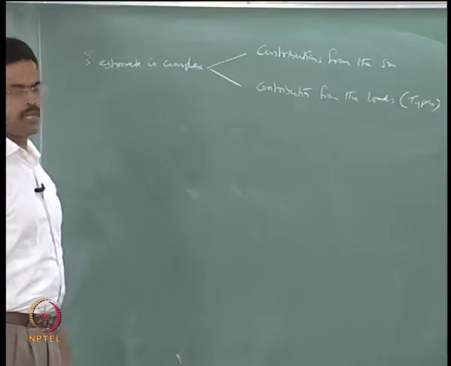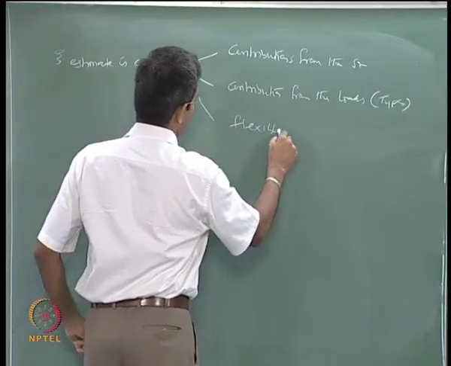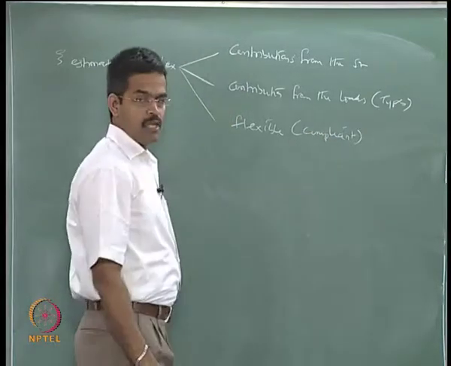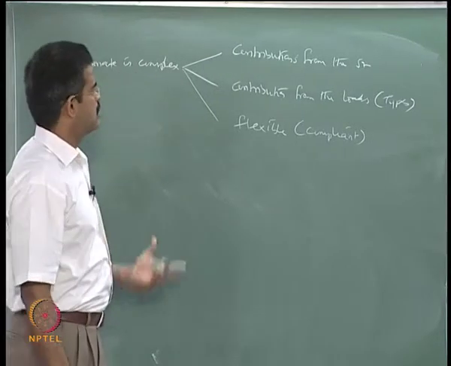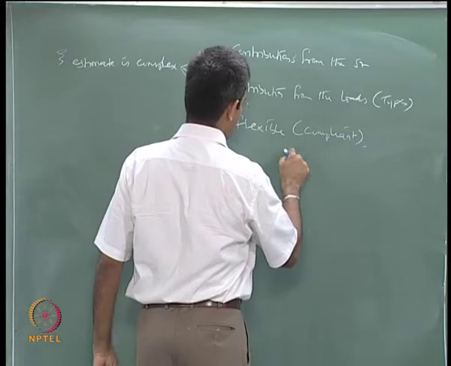Further, there is one more complication added to this. If the structure becomes flexible, or I should say compliant, non-stiff, non-rigid structure, then there will be damping associated with the structural vibrations also.